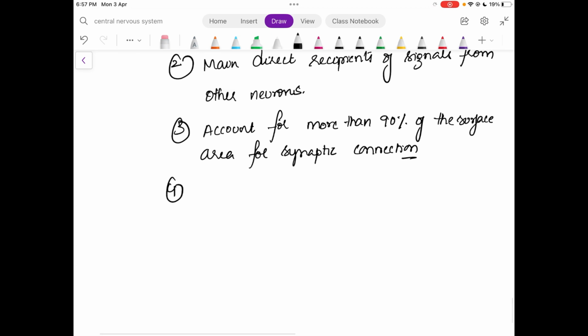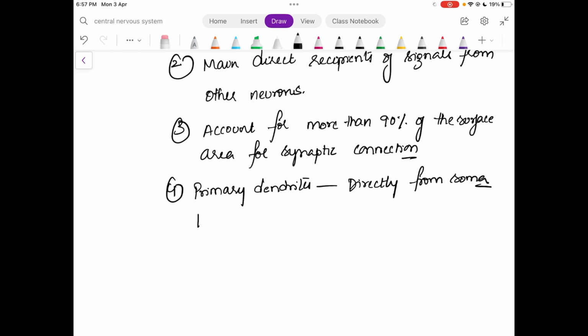And next, there are primary dendrites, that is, they arise directly from soma, and we have higher order dendrites.